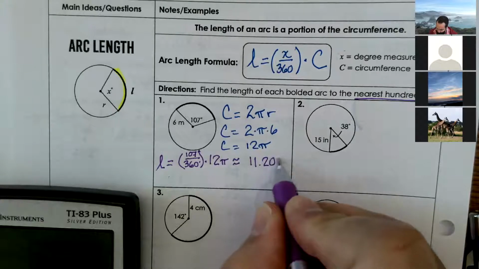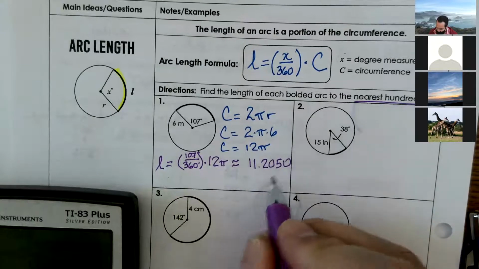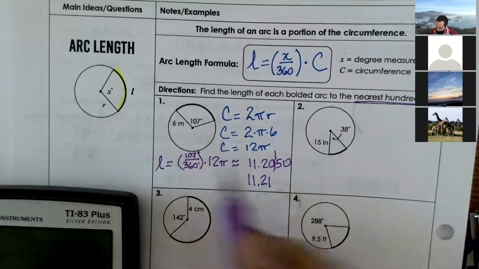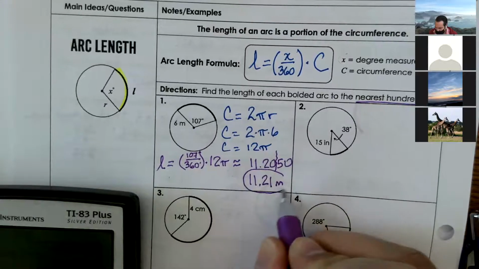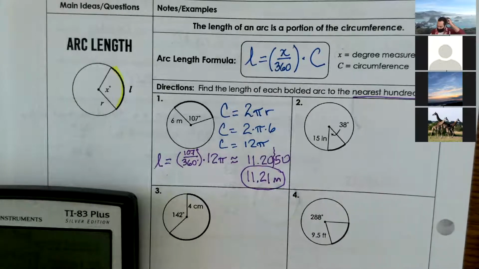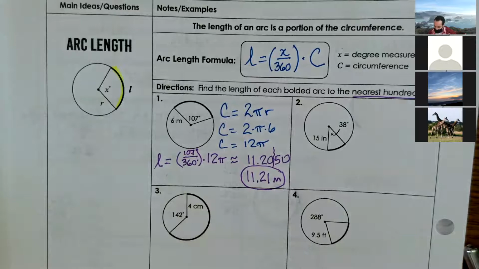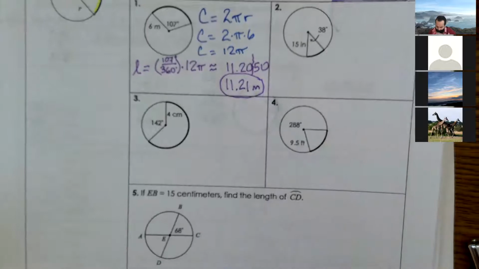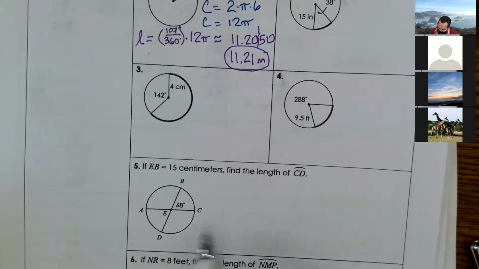I get 11.2050. It says nearest hundredth. So I'm going to call this 11.21 meters. Any questions on that? Looks like 2, 3, and 4 are all very similar problems, so I'll leave those for you to do in a few moments. But let's take a look at these.